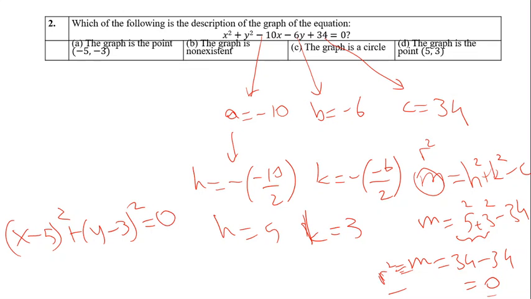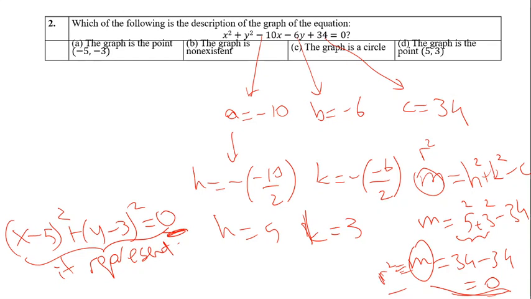So what does this mean? If you have 0 here, indeed m is 0, then it represents a point. And this point turns out to be the point 5, 3.